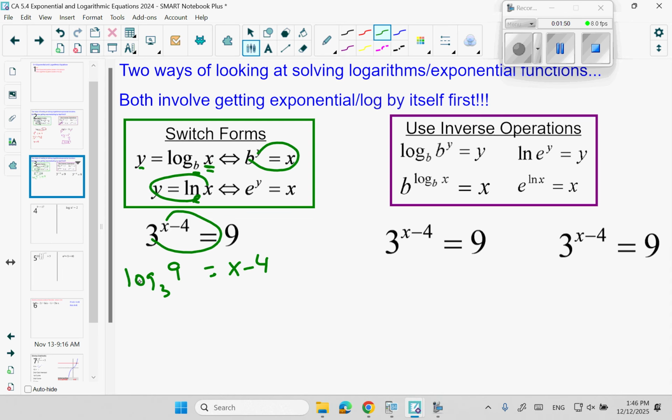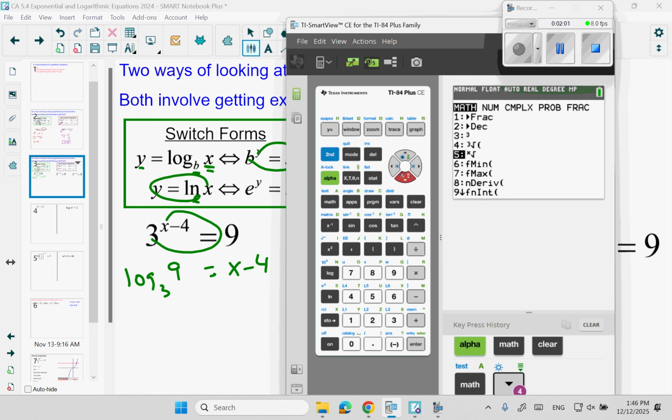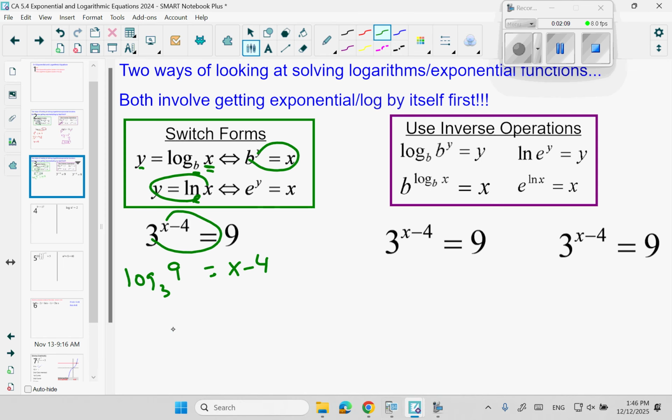And I could either type log base 3 of 9 in my calculator. So remember that'd be math, A, for log base. Log base 3 of 9 equals 2, x minus 4.